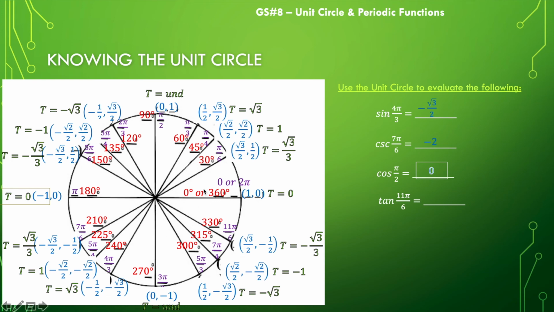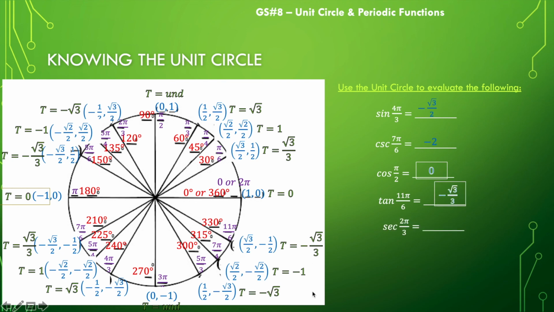Now, if you've gone and labeled your unit circle with tangent, that makes it easy because we're coming over to 11 pi over 6, and we're just grabbing that tangent value. Remember, y is sine, x is cosine, and tangent is the ratio of sine over cosine. So our tangent for 11 pi over 6 is -rad 3 over 3.